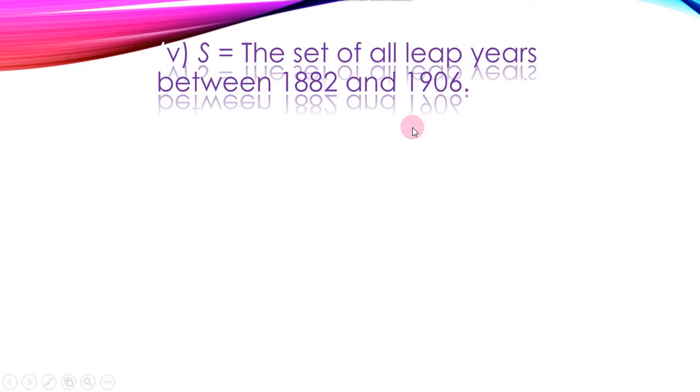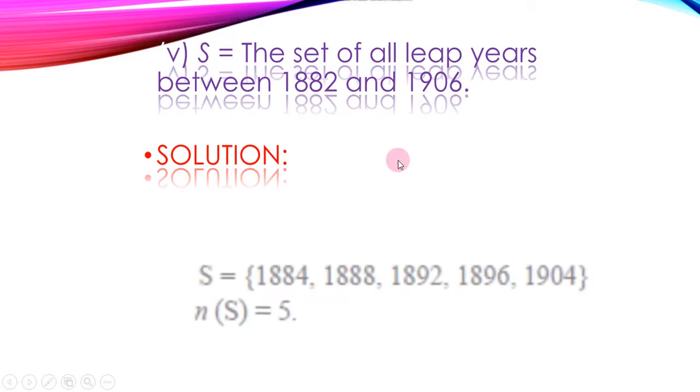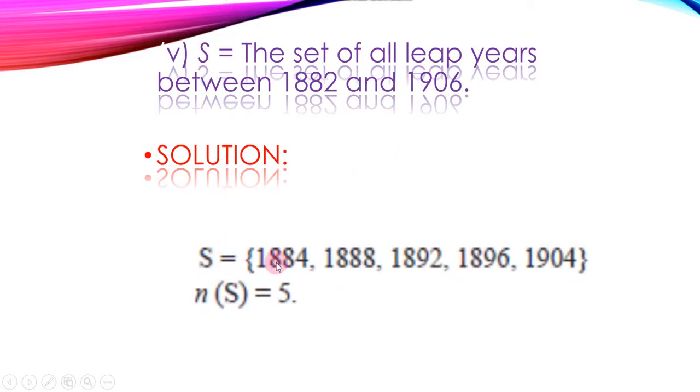Here I give only one clue: leap years are divisible by 4. Let us see the solution. S equal to 1884, 1888, 1892, 1896, 1904. So 1, 2, 3, 4, 5. So n of S equal to 5. Are you clear?